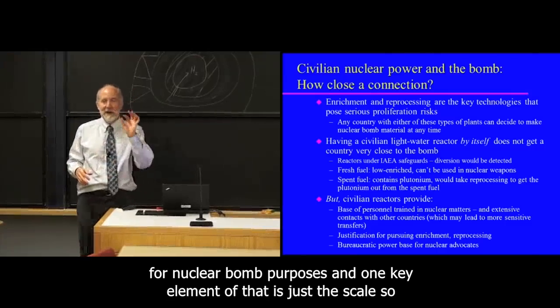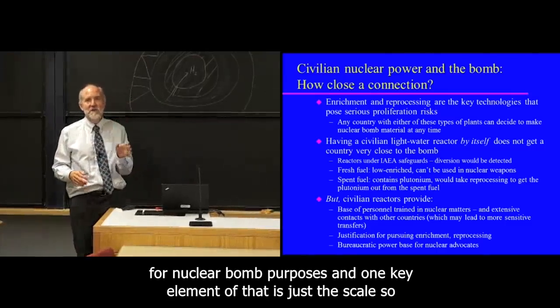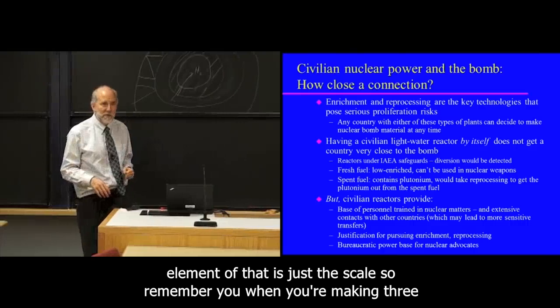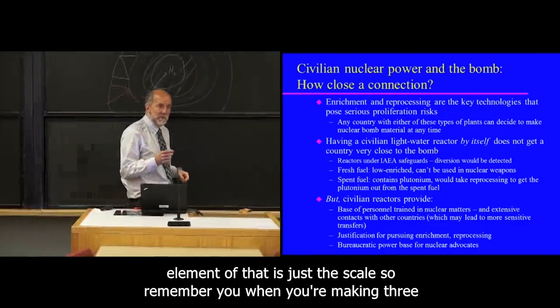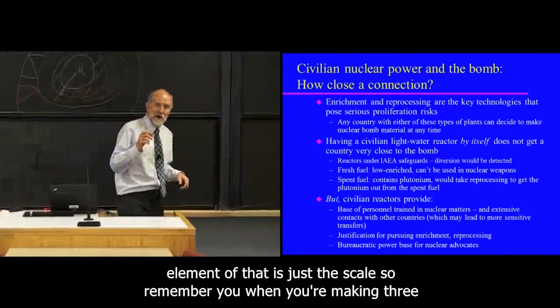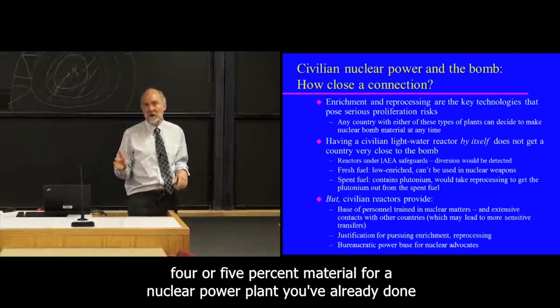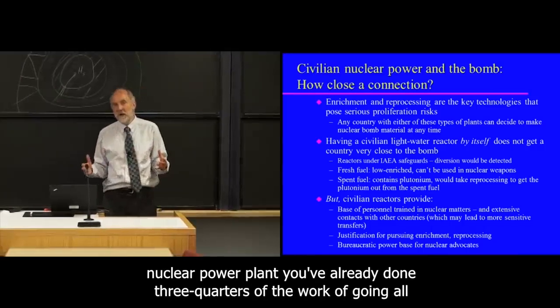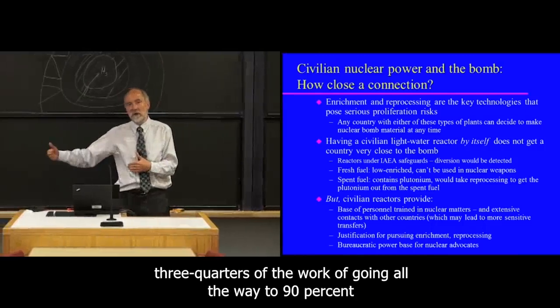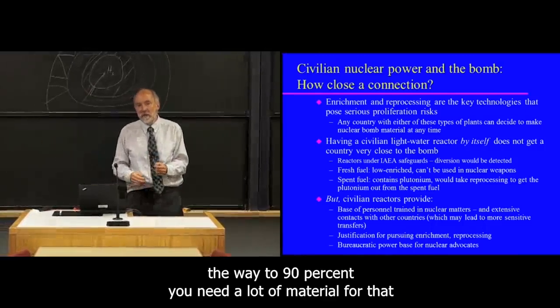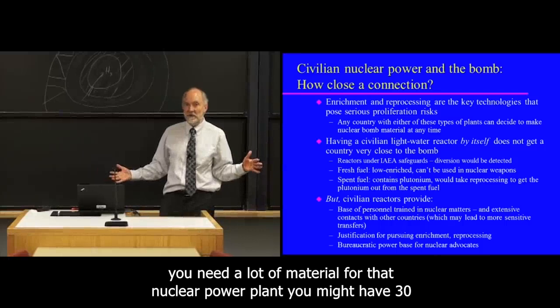And one key element of that is just the scale. So remember, when you're making 3, 4, 5% material for a nuclear power plant, you've already done 3/4 of the work of going all the way to 90%. But you need a lot of material for that nuclear power plant.